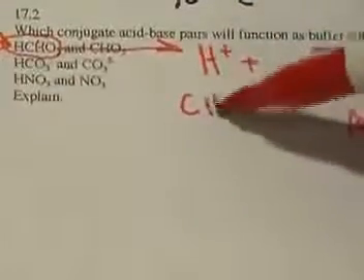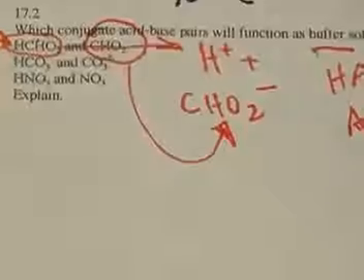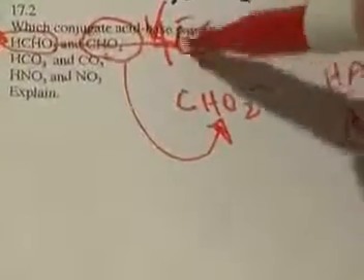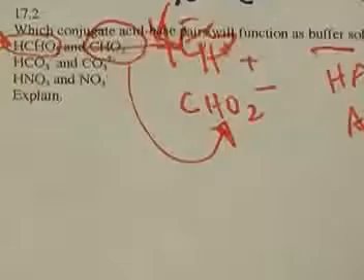If you take this acid and react it with water, you'd get some H plus and some CHO2 minus. Oh, that means this stuff right here would be in common with the weak acid, and so we would have the acid and its conjugate base both present in the solution. Therefore, yes, this first one would be a buffer solution.